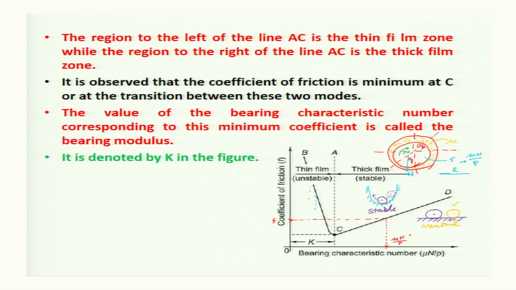Now, let due to change in RPM or change in any other parameter mu or p, a new operating parameter be achieved, and that is somewhere here.